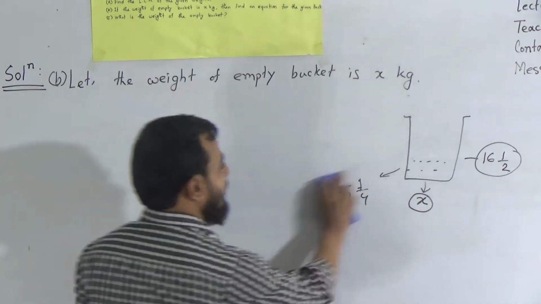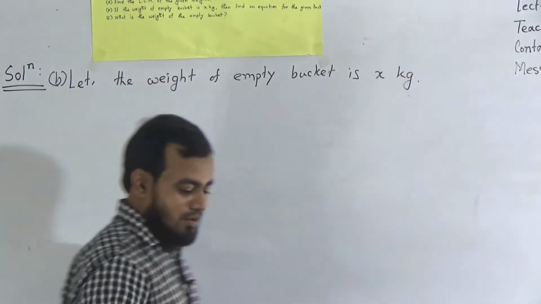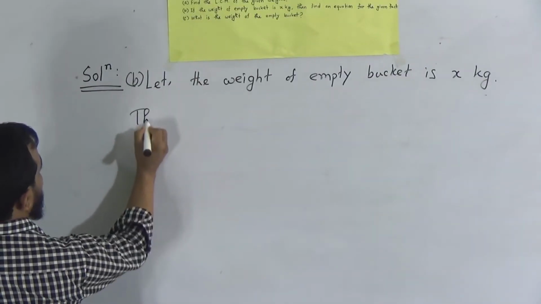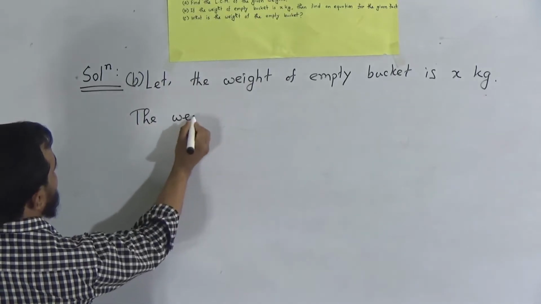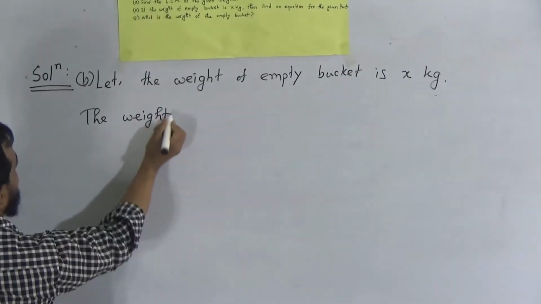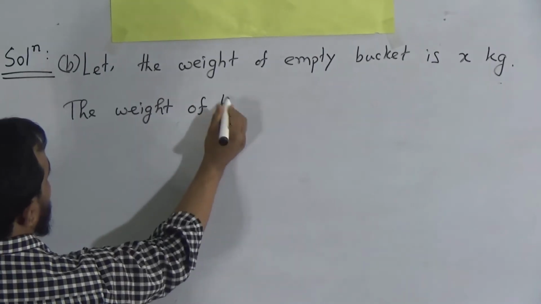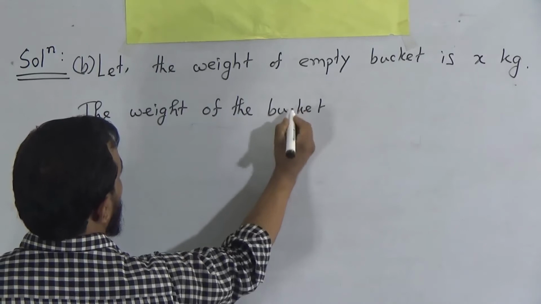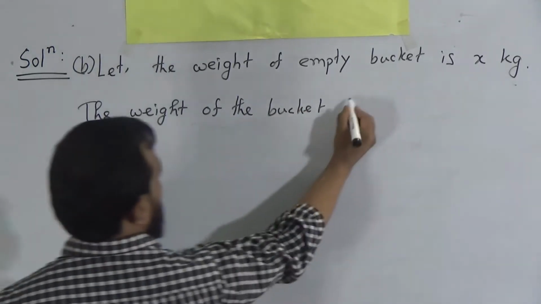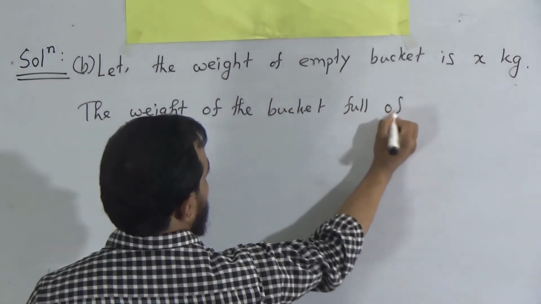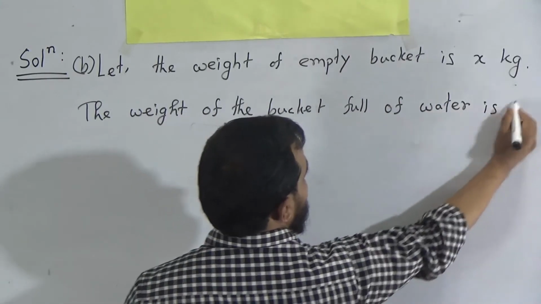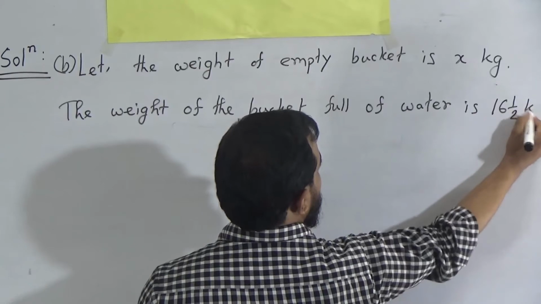Now write down: the weight of the bucket full of water is 16.5 kg.